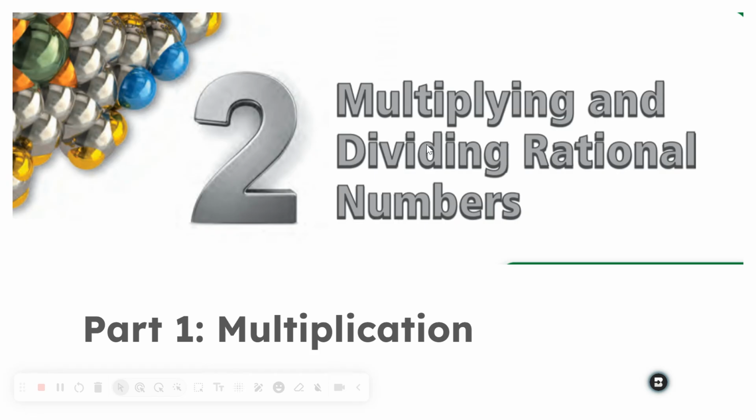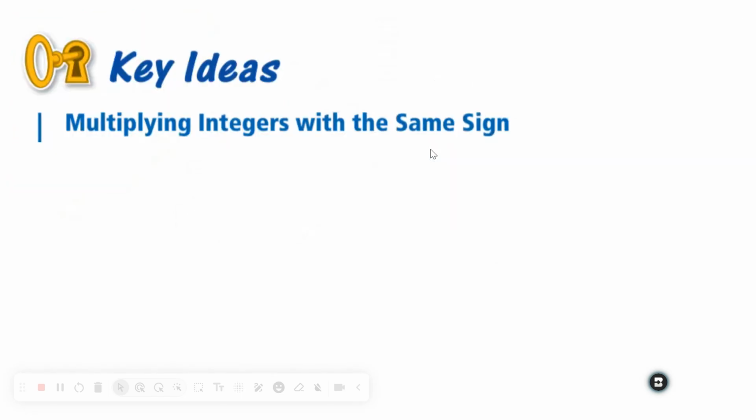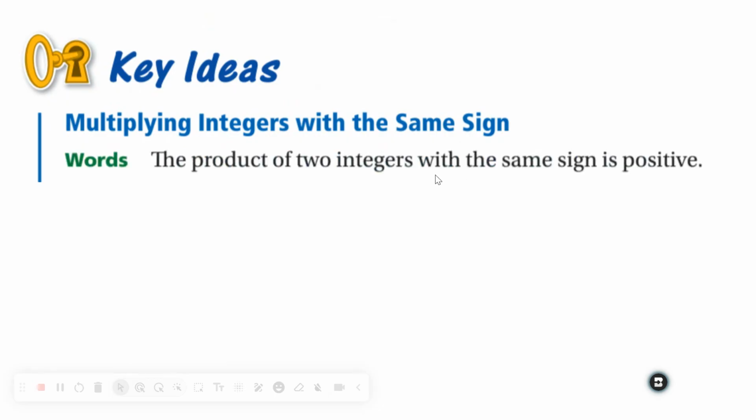Okay, so let's talk about multiplying our integers. First, we're going to talk about how to multiply integers with the same sign. The product of two integers with the same sign is positive. Remember, product means the answer to a multiplication problem. So if we are multiplying two integers together that have the exact same sign, the answer will always be positive.